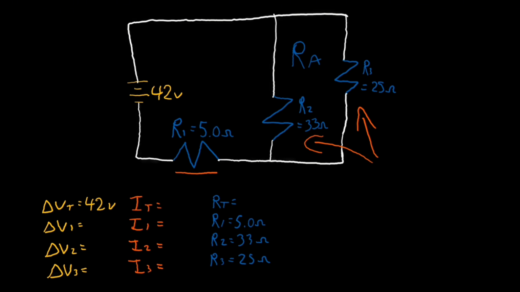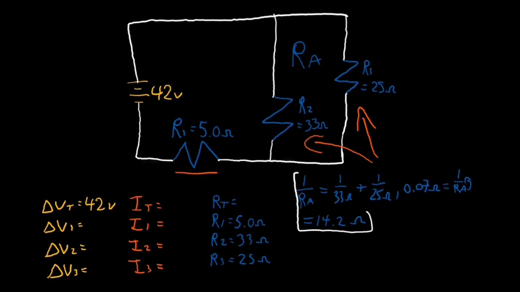Well, we know that for solving resistance in a parallel circuit, it is the sum of the reciprocal of each resistance. So to solve for RA, it's 1 over RA equals 1 over 33 ohms plus 1 over 25 ohms. It should give you about 0.07 ohms, which equals 1 over RA. And then doing the reciprocal of both, 1 over 0.07, this gives us 14.2 ohms.